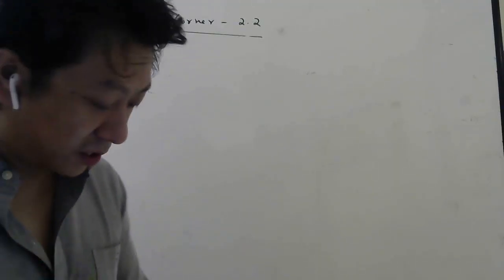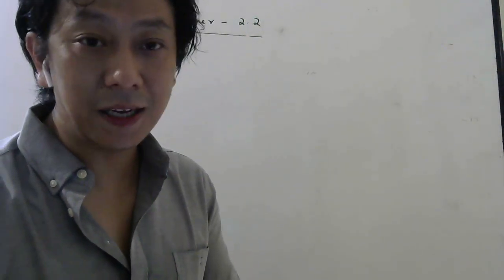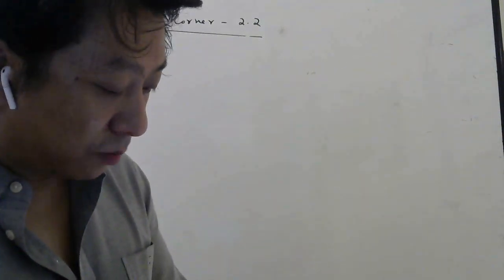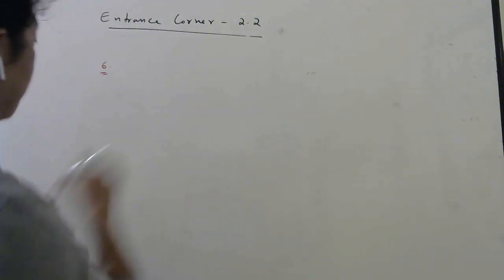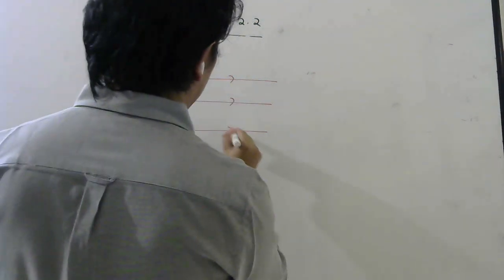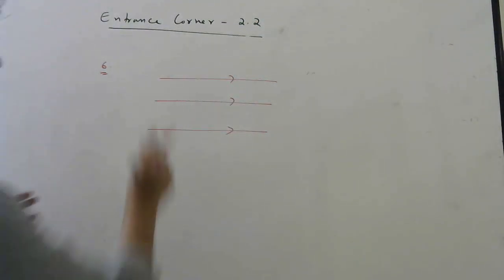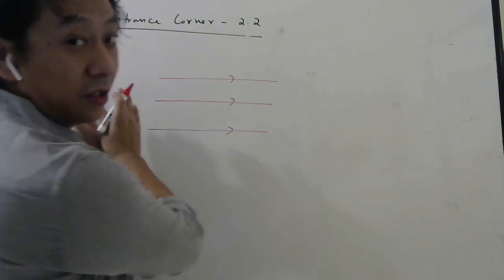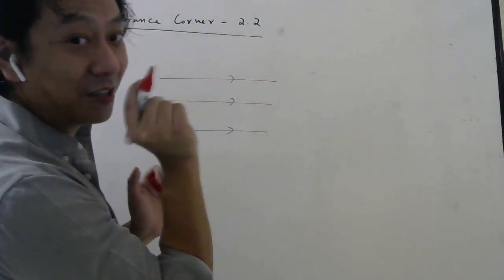Let's solve question number 6 now. An electron is released from rest in an electric field. It moves, so it is released. So there is an electric field like this, a uniform electric field, let us assume. An electron is released. Then where will it go, this way or that way? Electron has what charge? Negative charge.